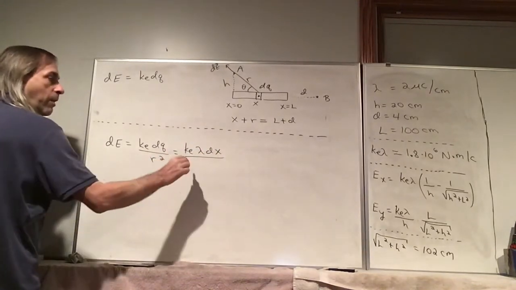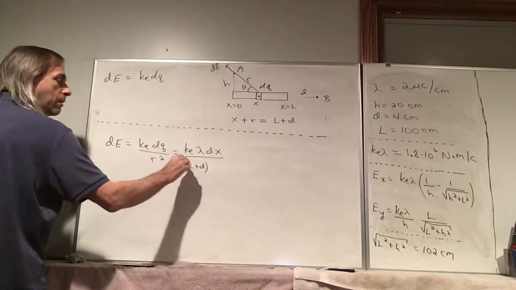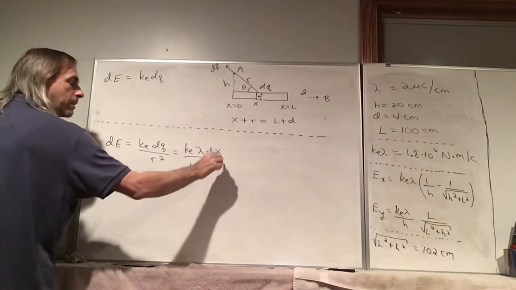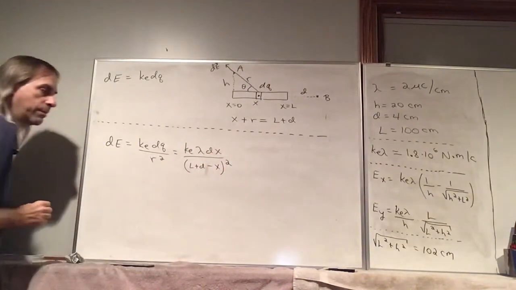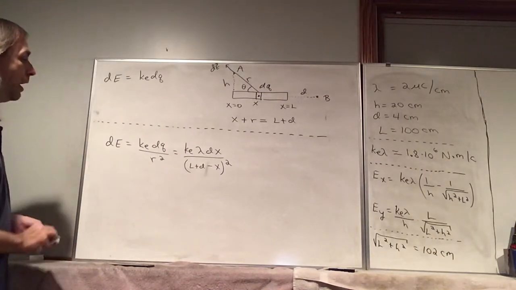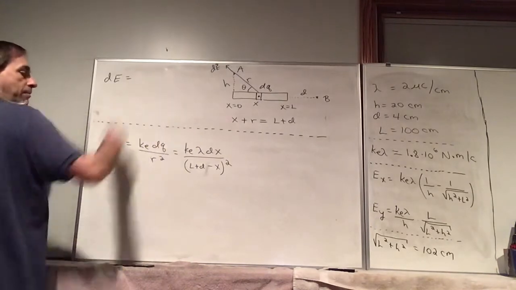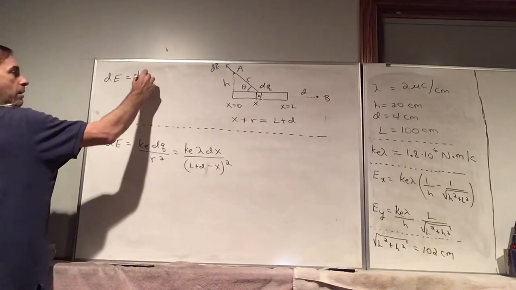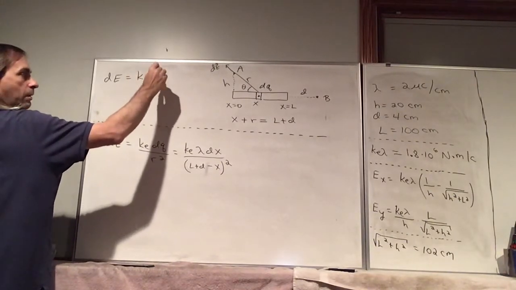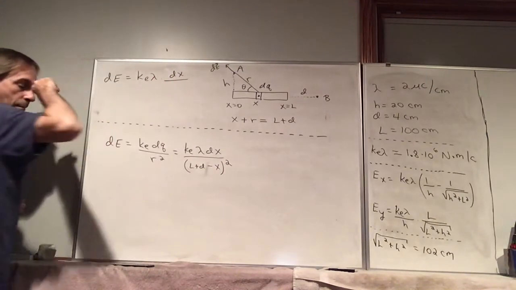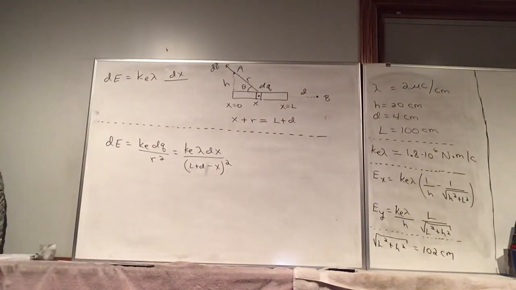And then R squared would be L plus D minus x, squared. So that's dE. I think we can just leave it like that. Here, we can take out the constant, but otherwise we'll have to leave it alone. So dE is KE lambda times dx over L plus D minus x, all in parentheses, squared.